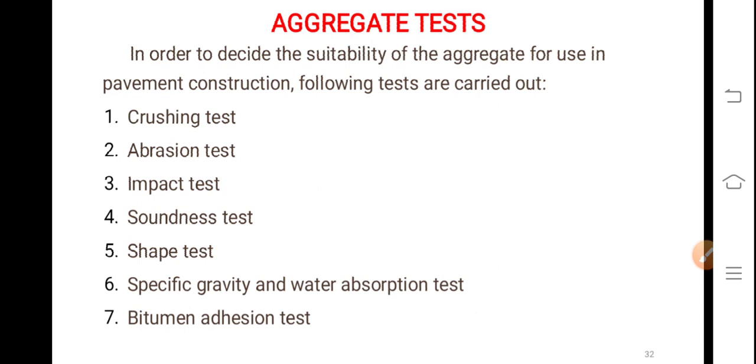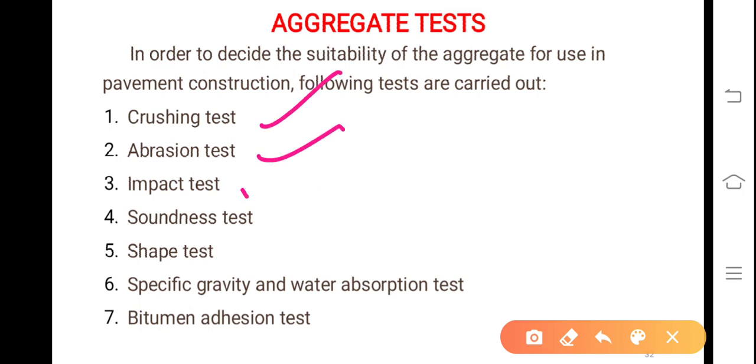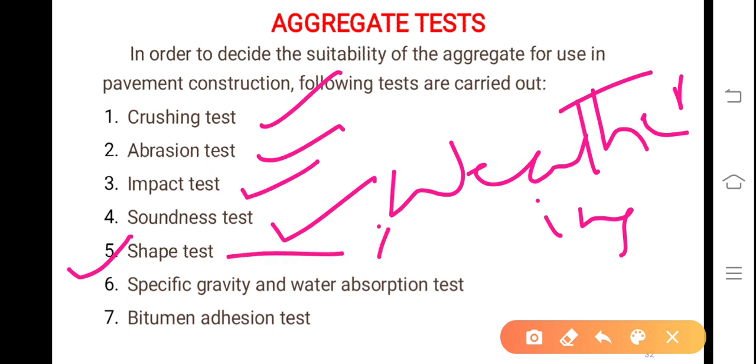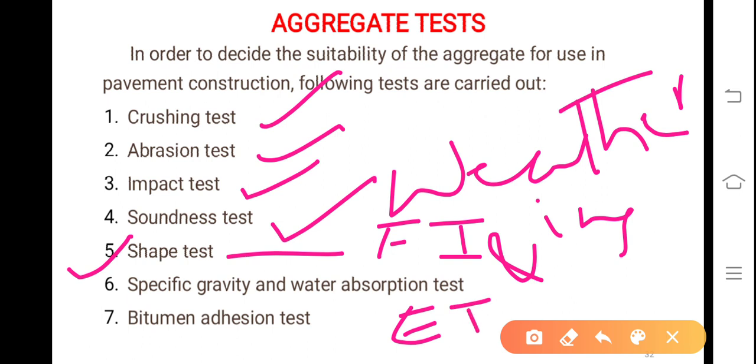The following tests are to be performed: crushing test, abrasion test, impact test, already said, soundness test, that is with respect to weathering. Shape test, that is with respect to flakiness index and elongation index, dimensionless quantities in percentage.